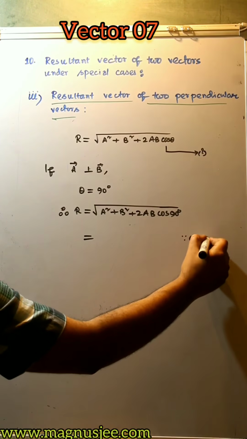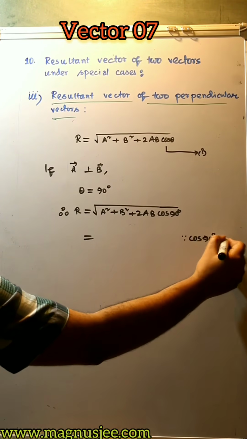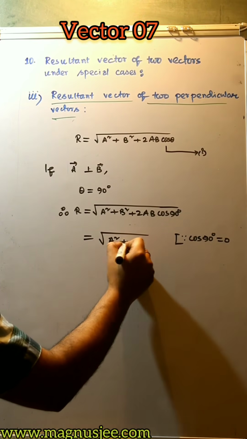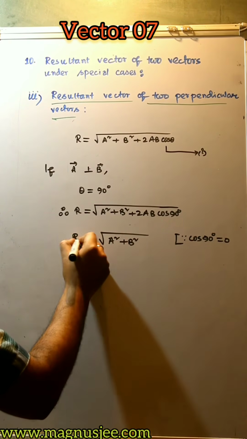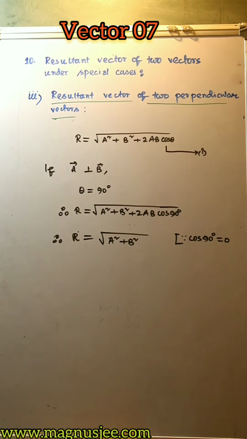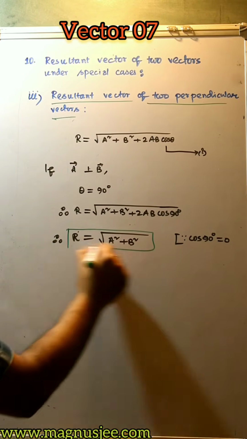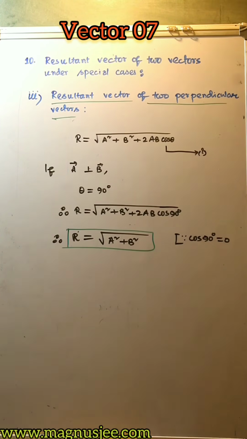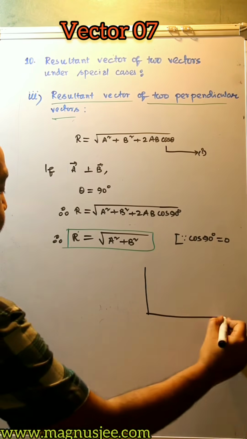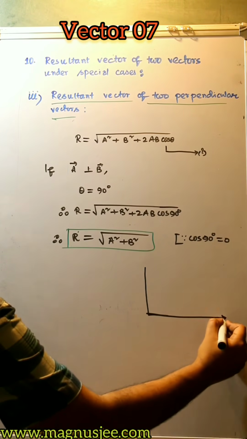Since cos 90 degrees equals 0, R equals root over A square plus B square, which is the magnitude of the resultant of two perpendicular vectors acting at the same point simultaneously. So R equals the square root of the sum of squares of the magnitudes of each vector.